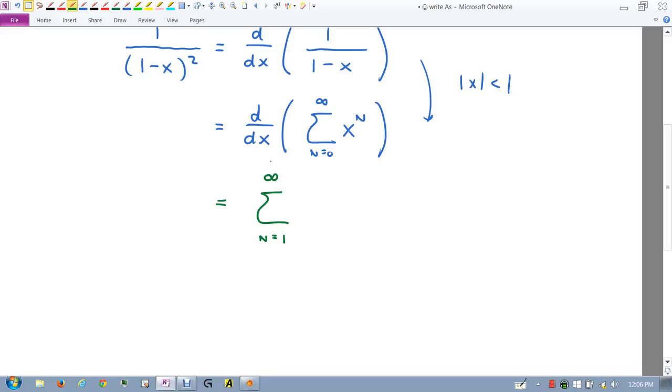Now the power rule, n comes out, x to the n minus 1. Okay? That's it. That's the power series for that.